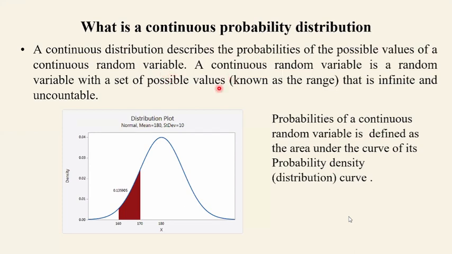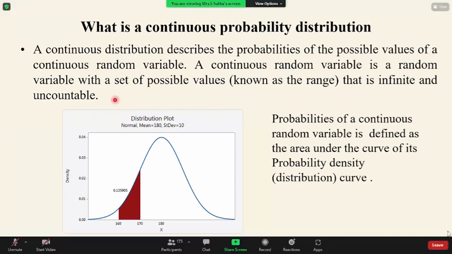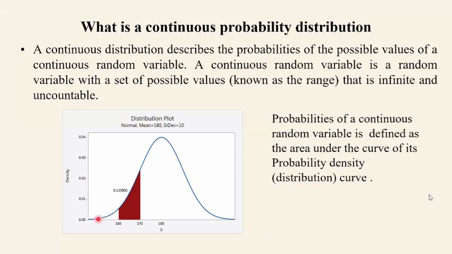And already we know that a continuous random variable is a random variable with a set of possible values, usually known as the range, that is infinite and uncountable. So if our continuous random variable has a bell-shaped curve, this is called a symmetrical bell-shaped curve, right?